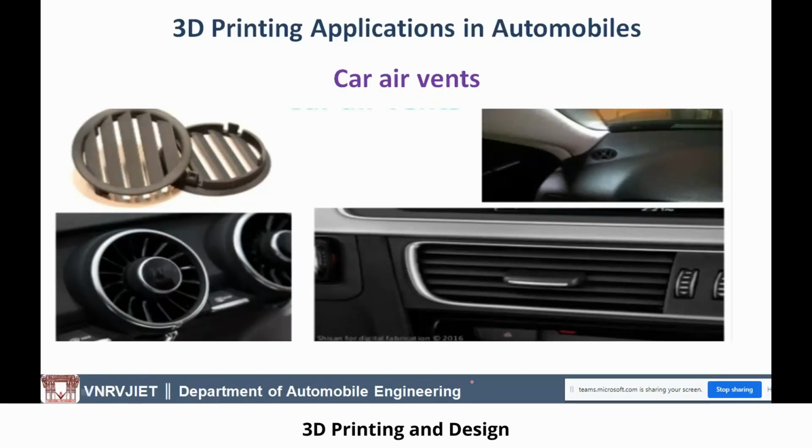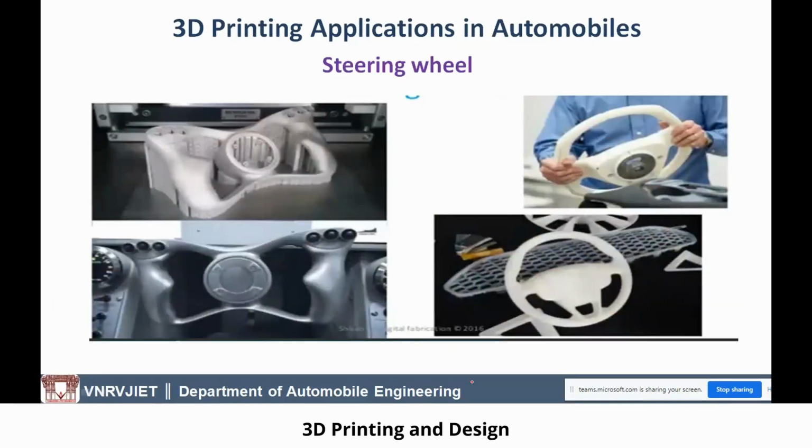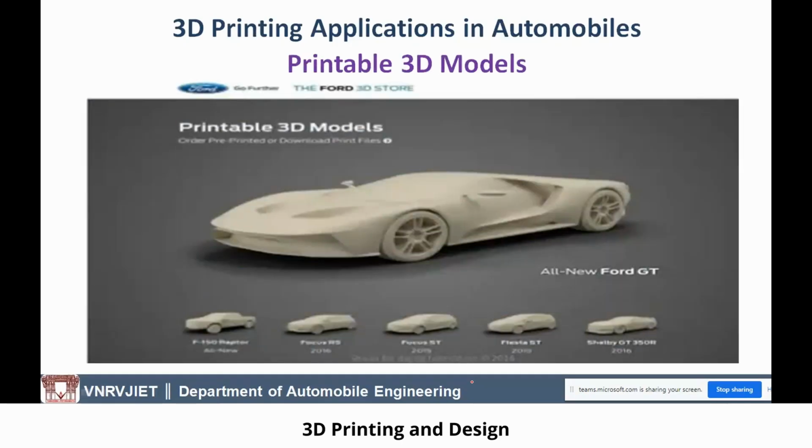Car air vents, shifting knob, that is gear shifters, and wheel seats can also be produced from 3D printing. You can see here four different models, and they are produced for demonstration or visualization purposes of those different models using 3D printing technologies.